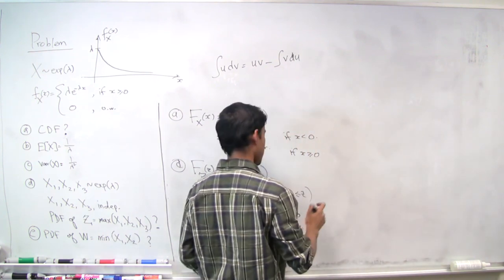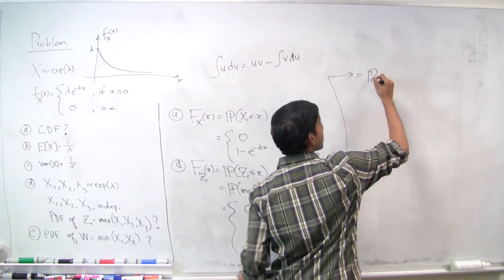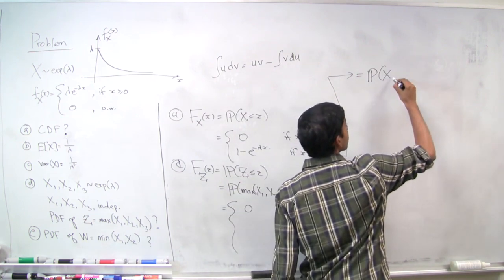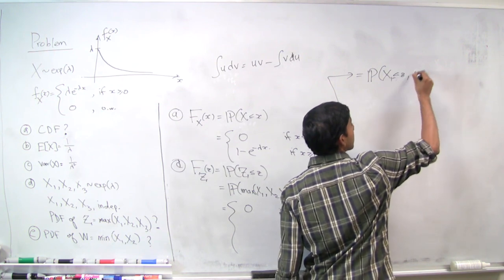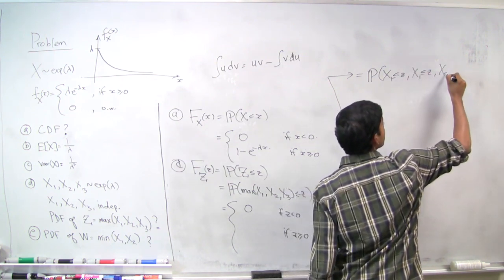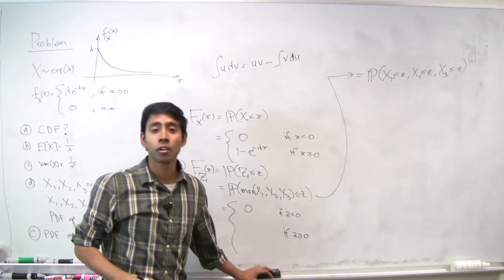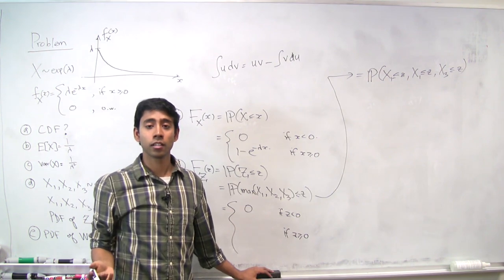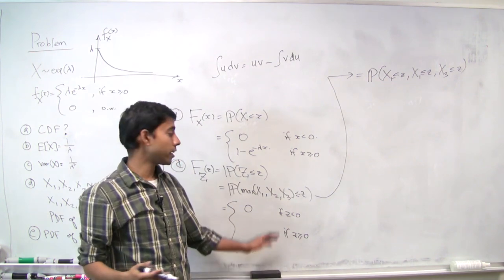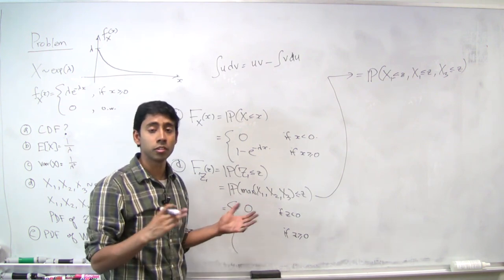The special thing here is to recognize that the probability of the max being less than or equal to z is actually also the probability of each of these random variables individually being less than or equal to z. Why is that true? One way to check whether these two events are the same is to check the two directions.